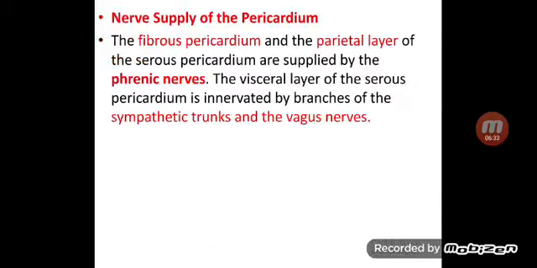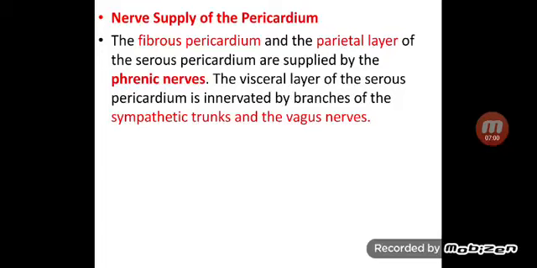What about the innervation of the pericardium? The fibrous pericardium has different innervation from the serous one. The fibrous pericardium, in addition to the parietal layer of the serous pericardium, are both supplied by phrenic nerves.